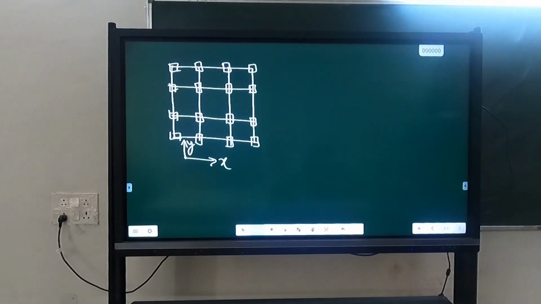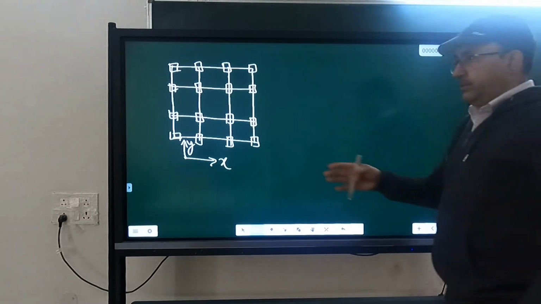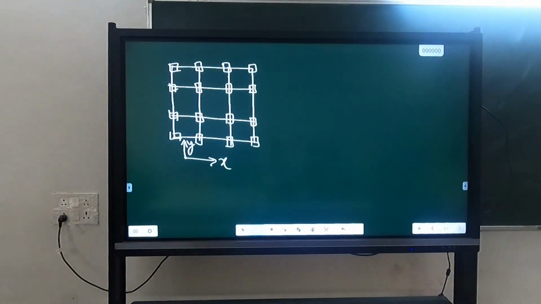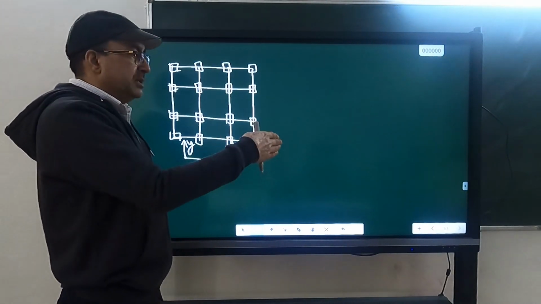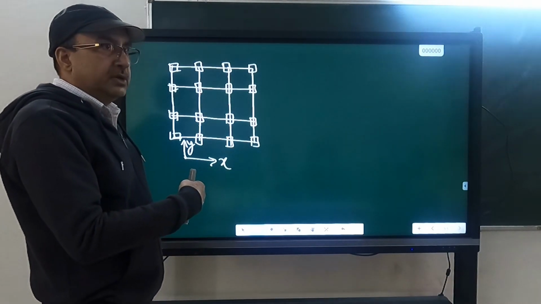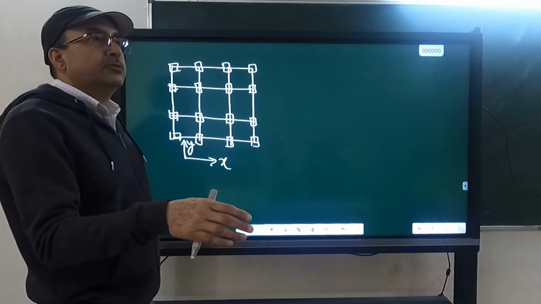In reality, if you are considering the ground motions, at some instant the earthquake acceleration will be in this direction, then in this direction, then in this. So not only the amplitude of ground acceleration is changing, its direction is also changing. Sometimes it is in X, sometimes in Y, sometimes in Z. So actual analysis is quite complex.